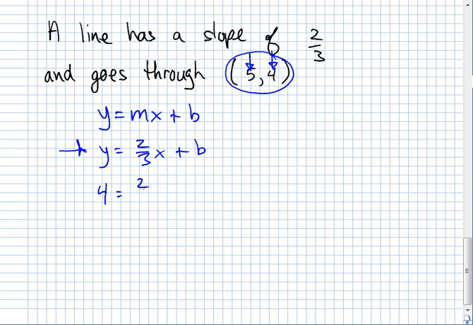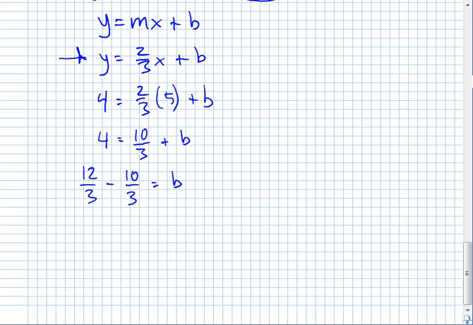So 4 equals 2 over 3 times 5 plus b. Then I solve that for b, and that gives me the y-intercept. I know a lot of you will be tempted to convert this into a decimal. I suggest you not do that, but I can't stop you. If you keep it as a fraction, things work out really well. Don't forget, your calculator will do fractions for you.